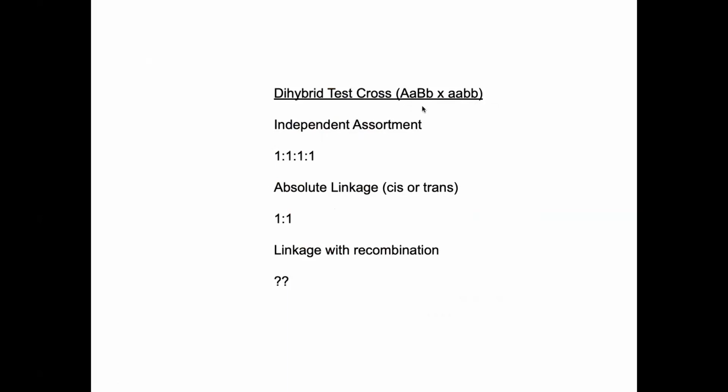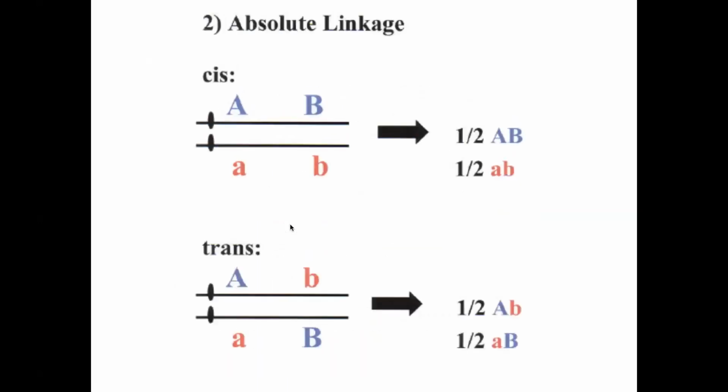What about with absolute linkage in cis or trans? Well, there the test cross progeny would segregate 1-to-1. So if A and B are linked in cis, absolutely, they never recombine. Half of the progeny of the dihybrid test cross would be dominant for A and B, and half of them would be recessive. That's the same direct reflection of this gametic pool.